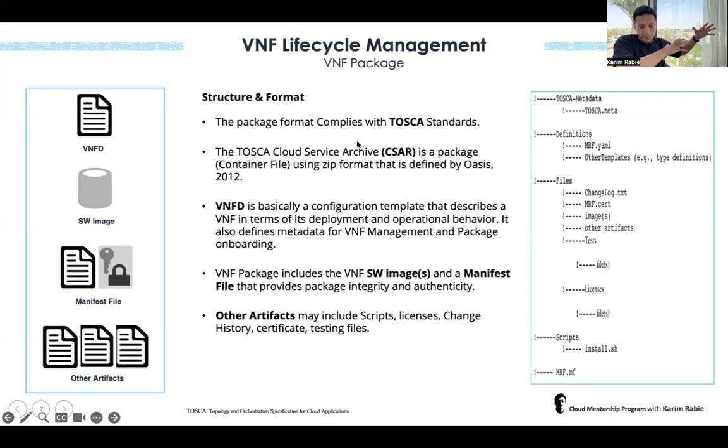This is the Tosca template. We do a VNF descriptor, and then at a certain stage the VNFM will translate these attributes in the VNF descriptor into a language understood by OpenStack, for instance. That can be heat template, that can be direct APIs, that can be anything. So let's proceed.